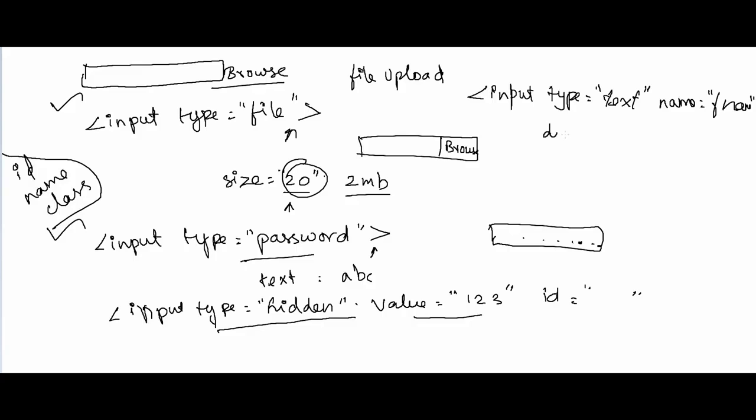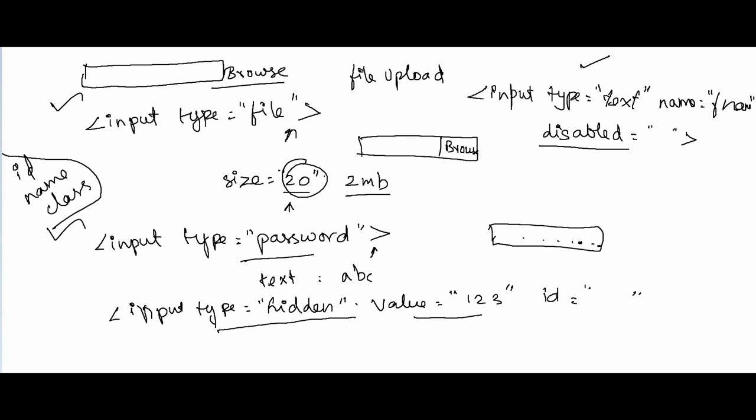Here I can give an attribute, disabled. You can use just disabled, or disabled is equal to empty. Simply you can use disabled. Disabled means the text box will be shown, but it is not editable. Nothing can be done using that text box.